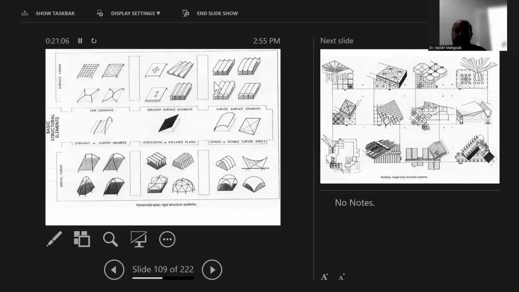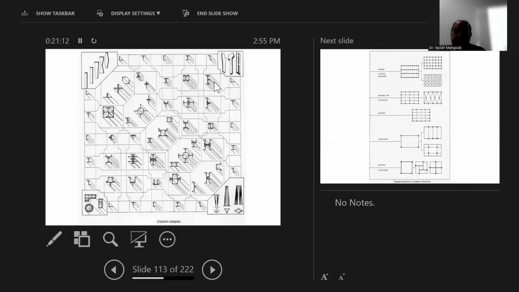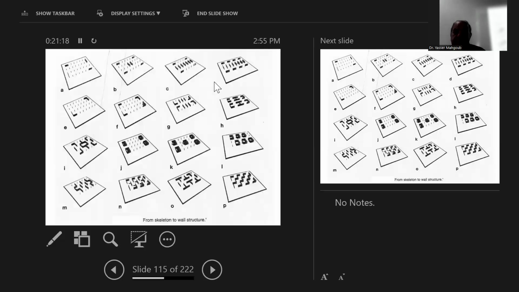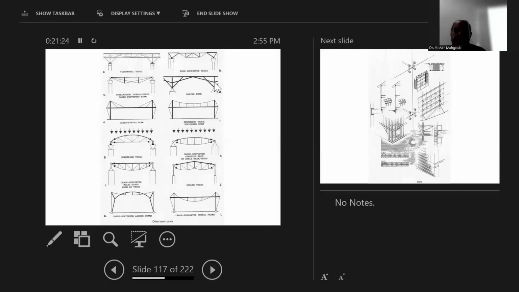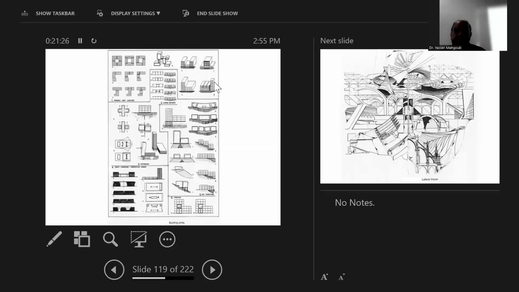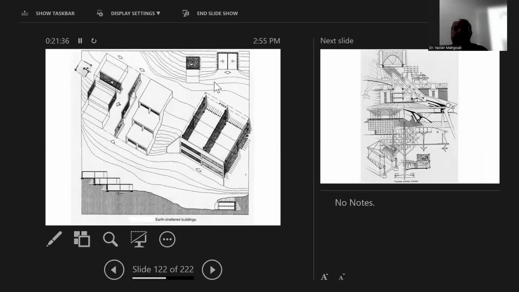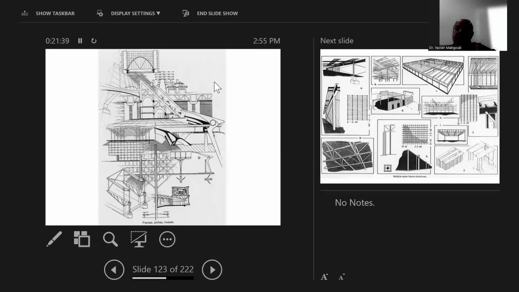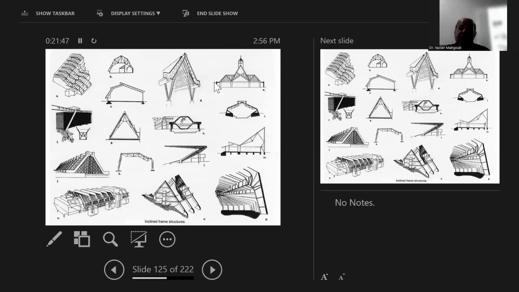I would like to move now to some examples that can bring these concepts closer to your mind and make you understand how we can select the appropriate type of structural system for the project. Structures are very important understanding for architects. The more you learn about structural systems and are able to control them, the more creative your designs can be.